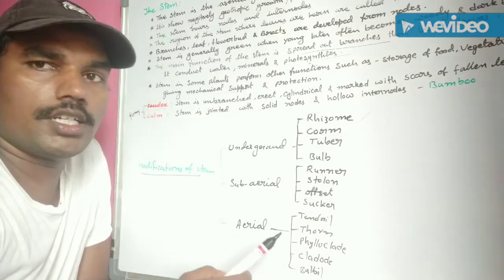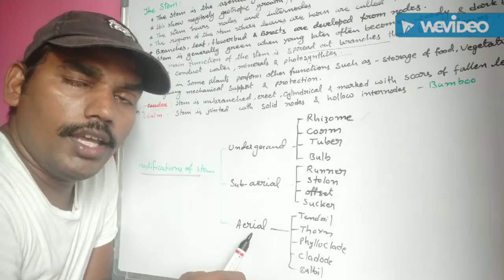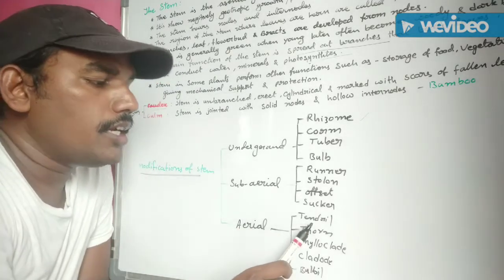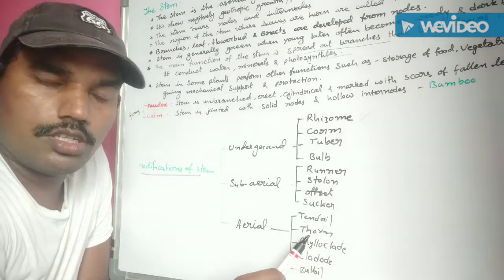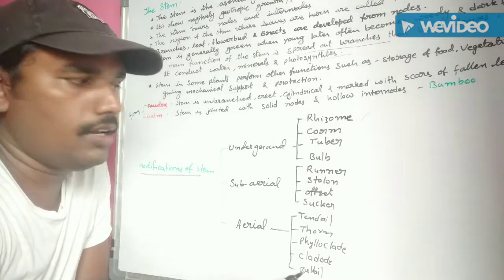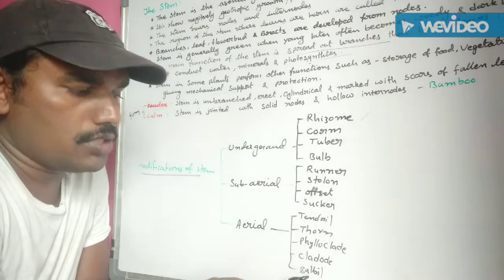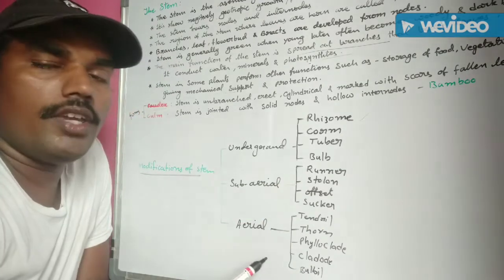These are not in contact with the soil or underground, so these are called aerial stem modifications, mainly tendrils. You know. Next, thorns, phylloclade, cladode, and bulbil. Not bulb. This one is bulb. This one is bulbil. Understand? These are the different types of aerial stem modification.